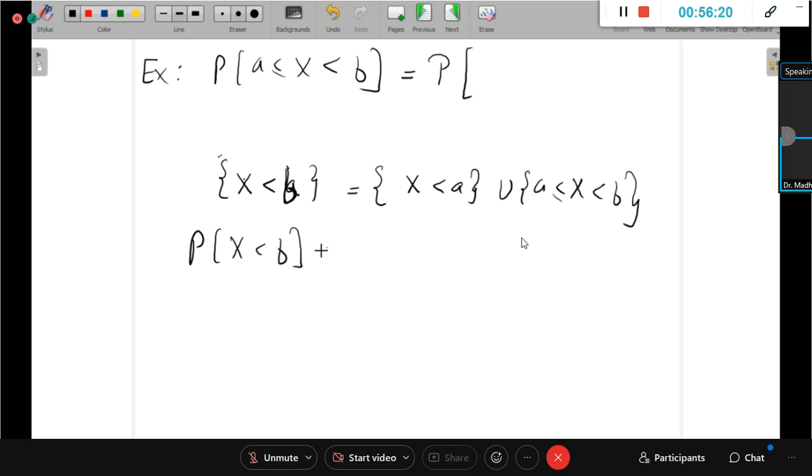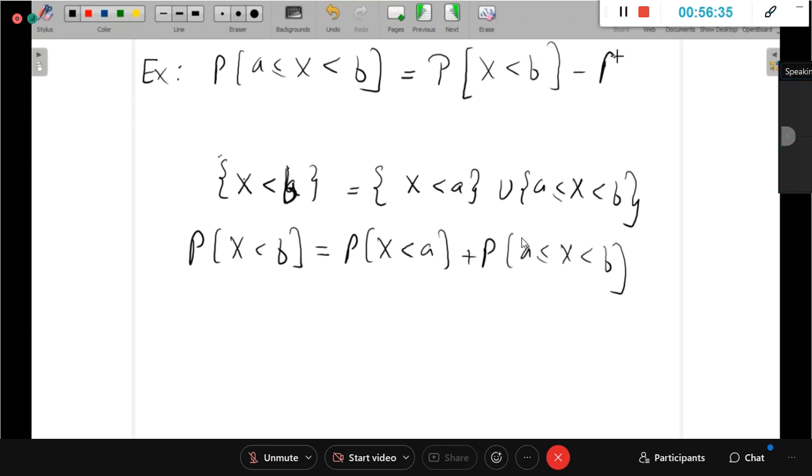So this tells me that probability of X less than b is equal to probability of X less than a plus probability of a less than or equal to X less than b. So probability of a less than or equal to X less than b is equal to probability of X less than b minus probability of X less than a.